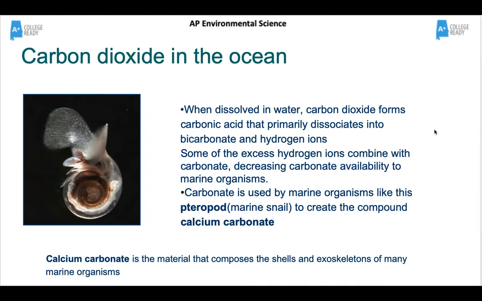So this is a marine snail over here on the left, and carbonate gets used by those marine organisms to create calcium carbonate. And so calcium carbonate is what makes the shells and the exoskeletons of a lot of marine organisms. Just about anything that has a shell or a hard exoskeleton, like lobsters, calcium carbonate is what makes up their shells and exoskeletons. So important to know.